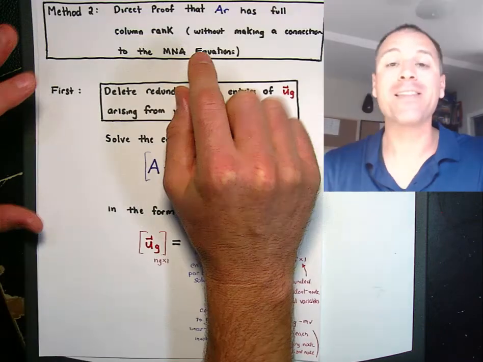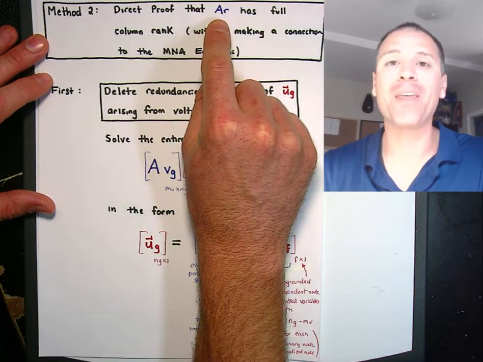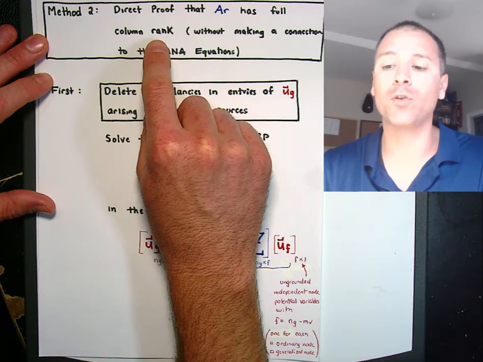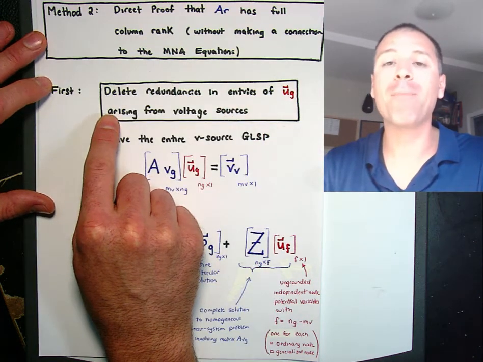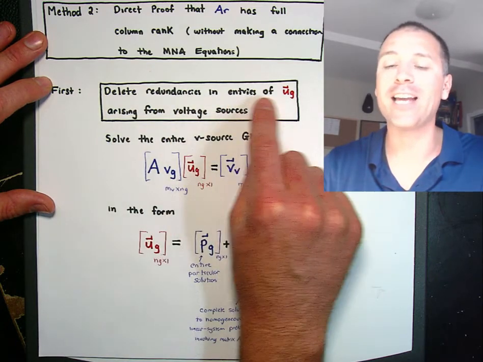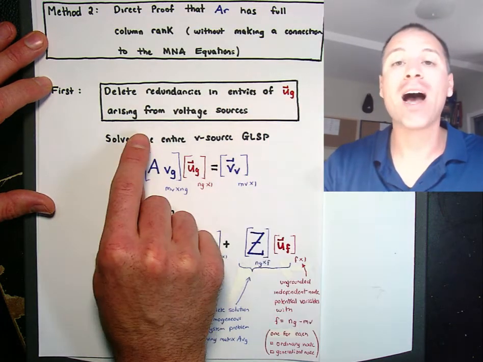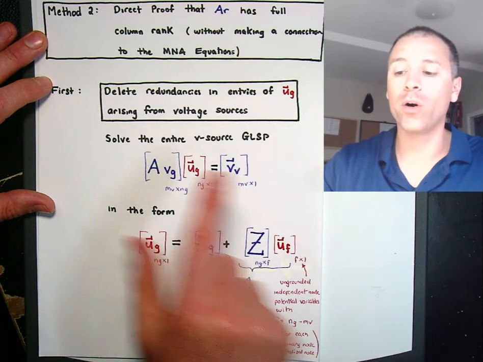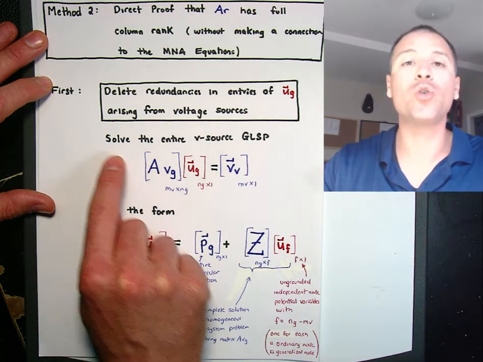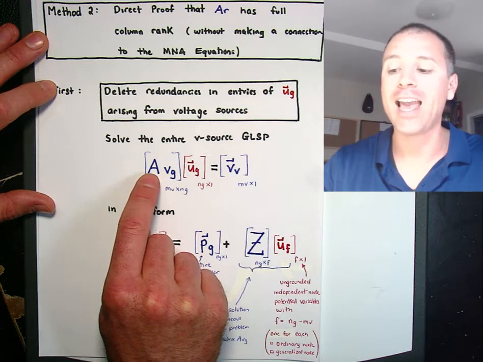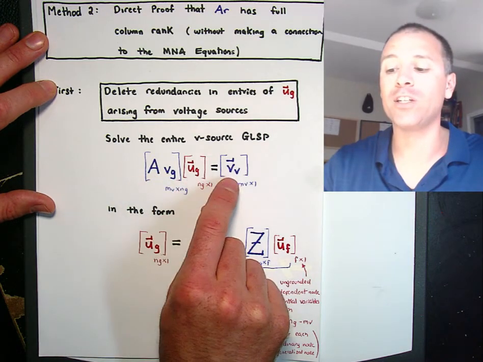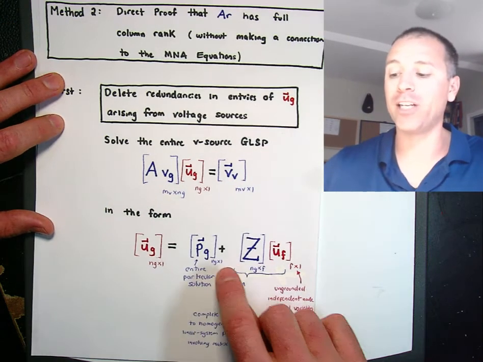In the second method of forming the matrix A sub R that immediately shows that that matrix has full column rank, we start not by grounding the circuit, but instead by deleting all redundancies in the entries of U sub G that arise due to the voltage sources. In other words, we find a complete solution to the general linear systems problem for the entire incidence matrix, A sub VG, U sub G equals V sub V. Remember, that takes a particular solution.